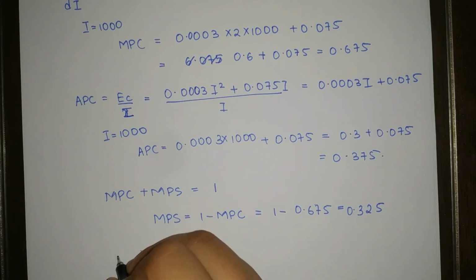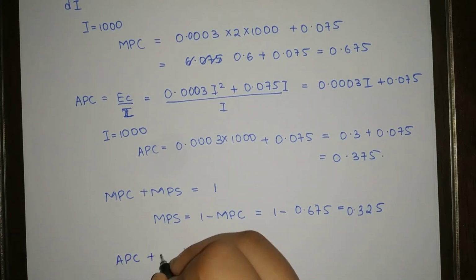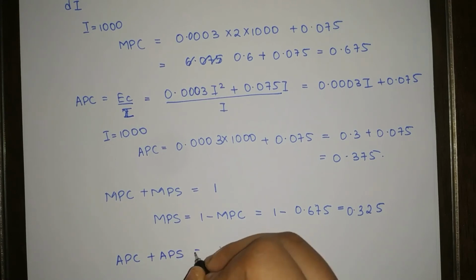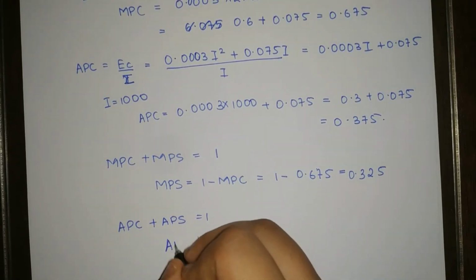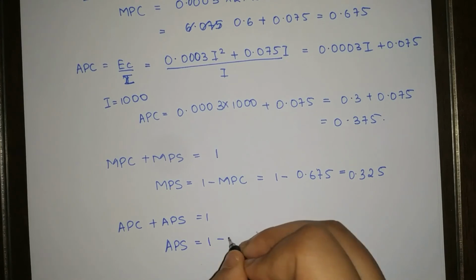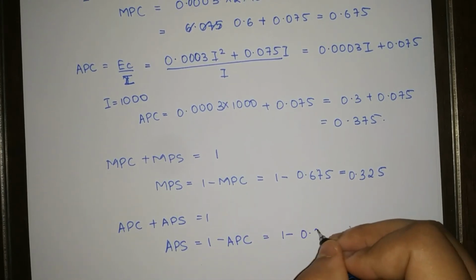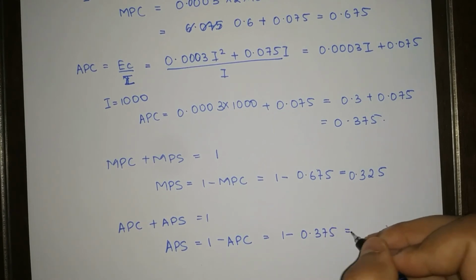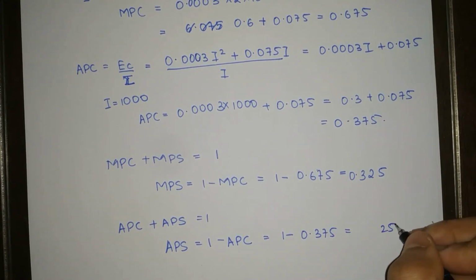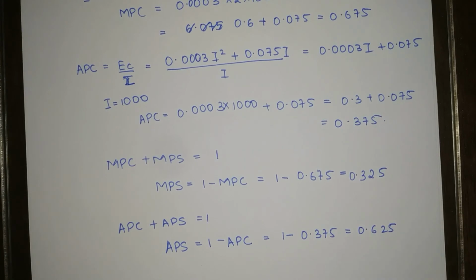Okay. And next we also know that APC plus APS is equal to 1. Therefore, APS is equal to 1 minus APC, which is equal to 1 minus 0.375, which is equal to 0.625. That is the value for APS.